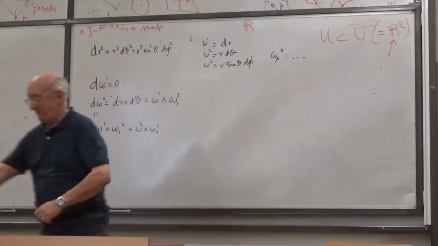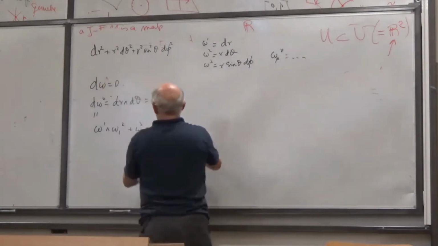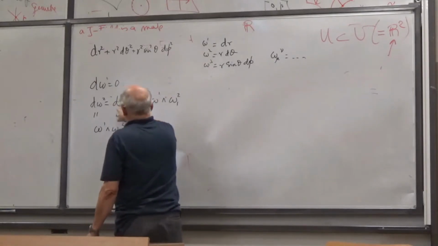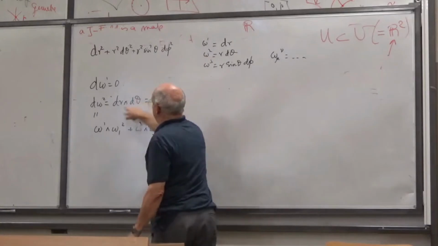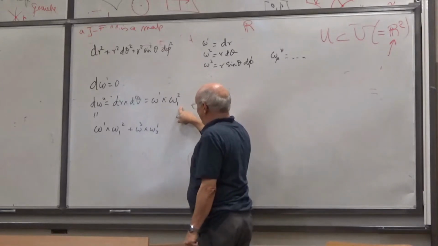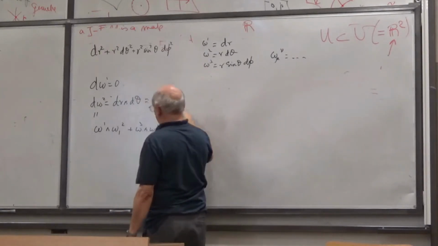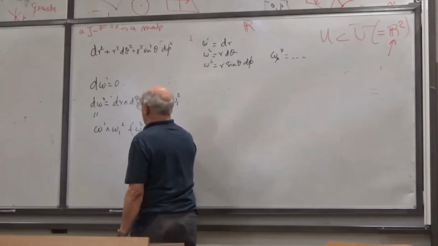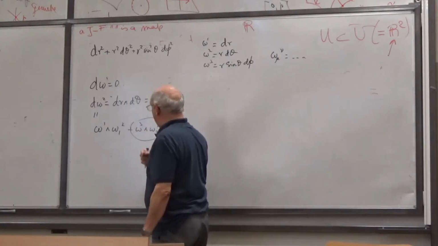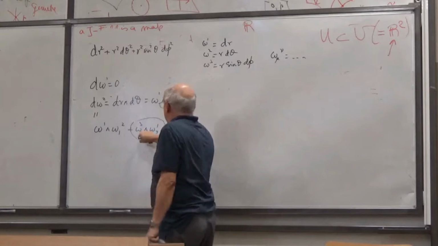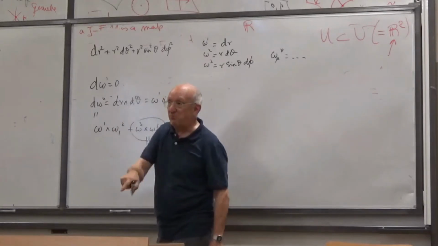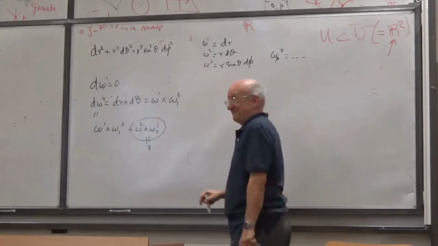So, the omega 2 here is r d theta, so I'm going to write it as omega 1 times omega 1, 2. Okay? Therefore, I compare: this is going to be 0, which will not allow me to say that this is 0, but this allows me to say, aha, this is the number. If this is equal to that, it means this is going to be 0, which does not imply that omega 3, 1 is 0.